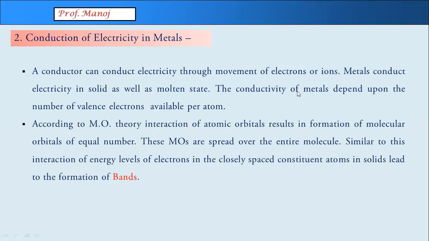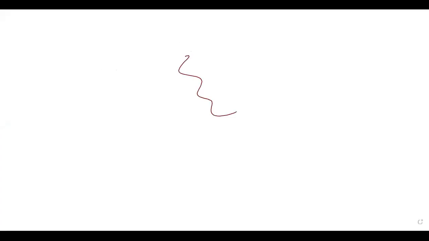Molecular orbital theory suggests that whenever two atoms combine together, they produce molecular orbitals. In case we remember what we did last year in 11th standard, let me explain a small part of it so that you understand this band theory concept. Imagine we are combining two atomic orbitals, and we used to draw a diagram, if you remember.